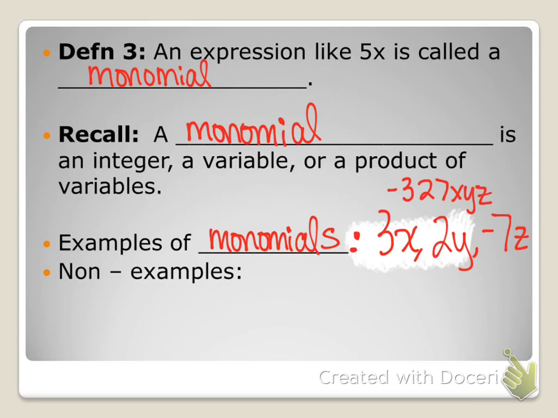Can anyone come up with some non-examples, things that are not monomials? Can? 4x plus 5. Well, let's just leave it at 4x plus 5. Because if we put an x on that 5, what could we do? Combine like terms, and then all of a sudden it's a monomial. But if we cannot combine these, then that is not a monomial. We've got two terms there. Any other non-examples?